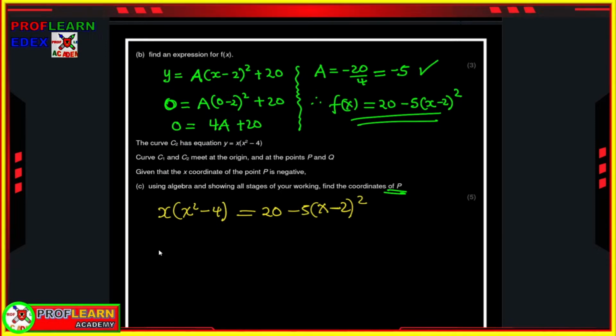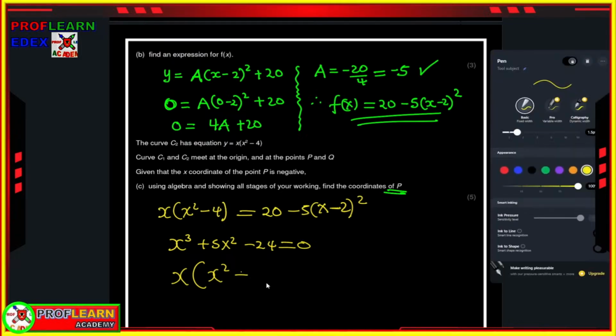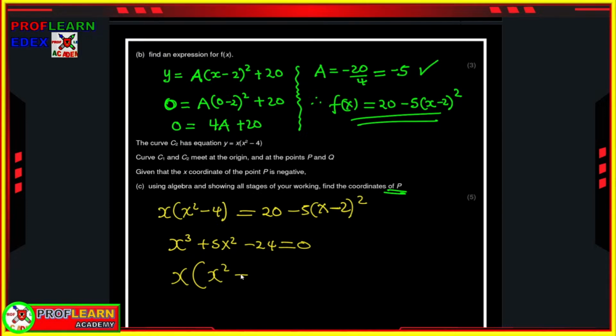Now, opening the brackets of everything, plus 5, so we are going to factor 5x, meaning that x is going to be 0 or plus 5.